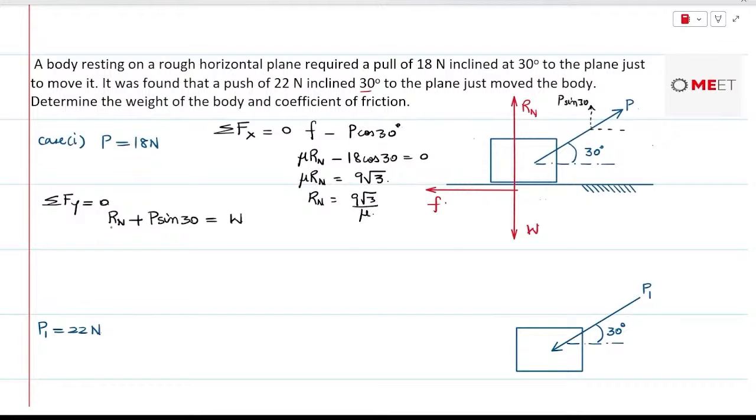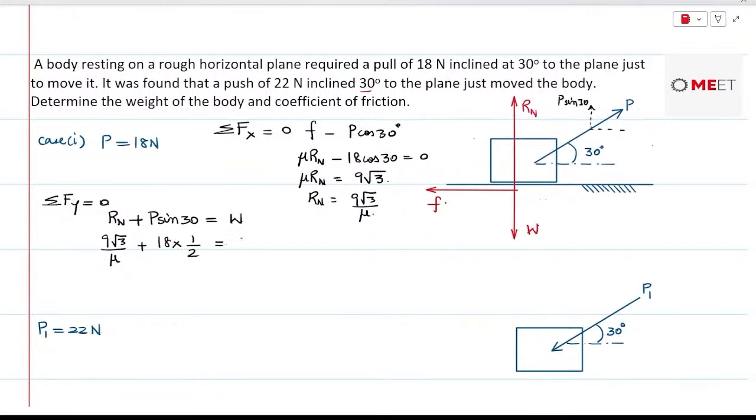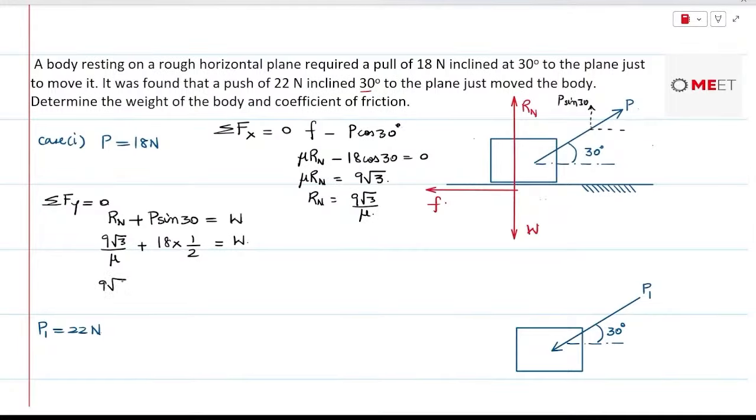So this is 9 root 3 by mu plus P, which is 18 sine 30, that is 1 by 2, into W. W is unknown. So here we get 9 root 3 by mu plus 9 is equal to W. Let's call this equation number 1.